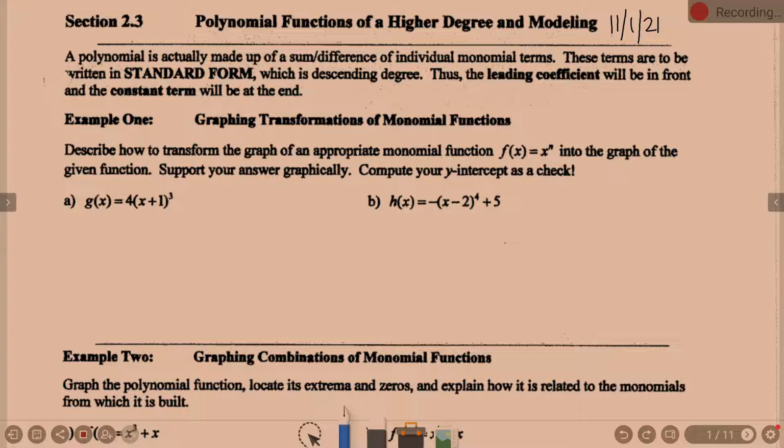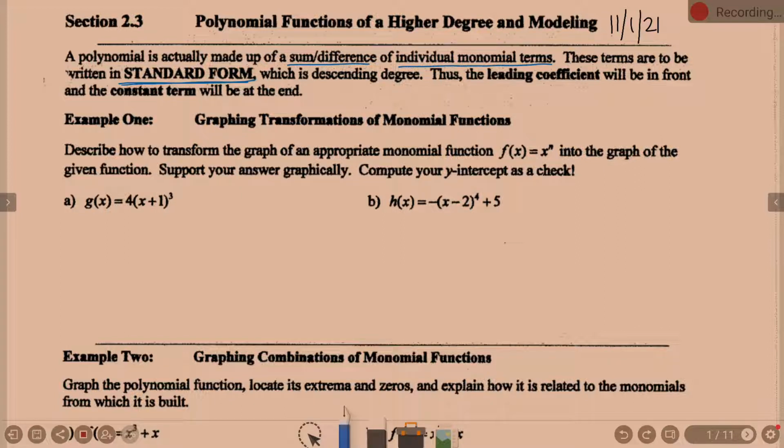As we look at the information, some basic information provided, a polynomial is actually made up of a sum or difference of individual monomial terms. We talked about that when we talked about monomials the other day, didn't we? That it's just the x to some whole number, right? And it's multiple terms added and subtracted. These terms are to be written in standard form.